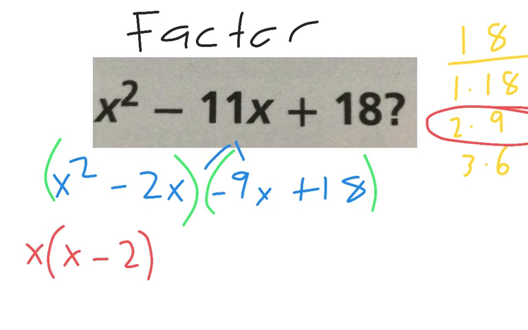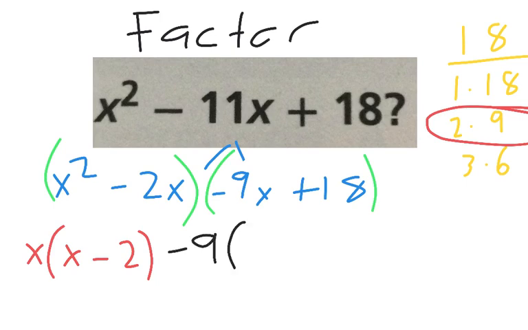Positive 2. So now, do my parentheses match? No. What's wrong with them? They have the same terms, but they all have the wrong sign. This is what happens if you take out a GCF of positive 9. That's why we need to take out a GCF of negative 9, because it will change all those signs.